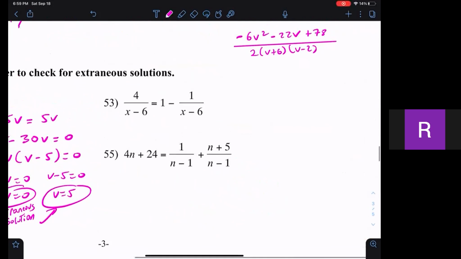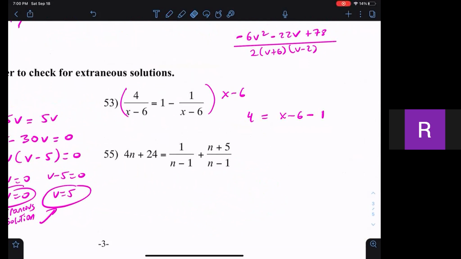This one, 53. Multiply by x minus 6. So that's going to be 4 equals x minus 6 minus 1. Yes, 1. So 5.